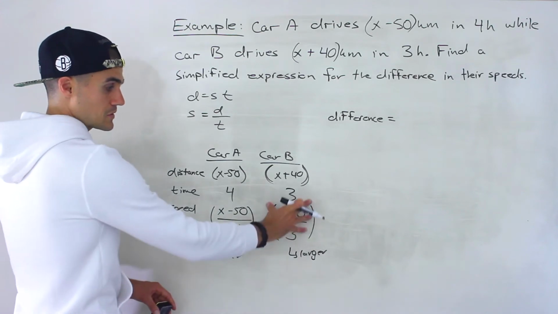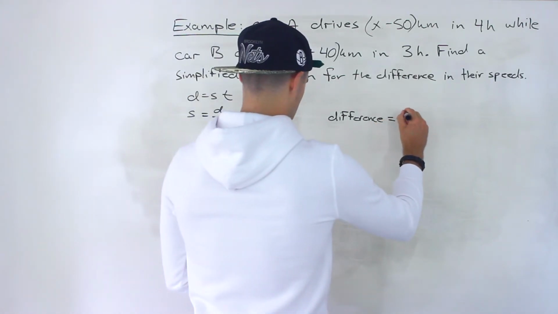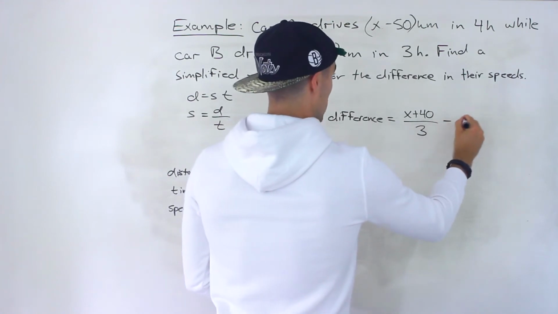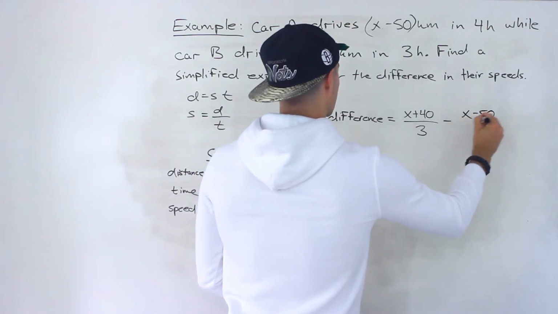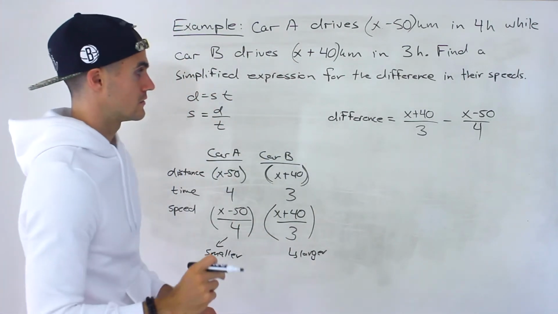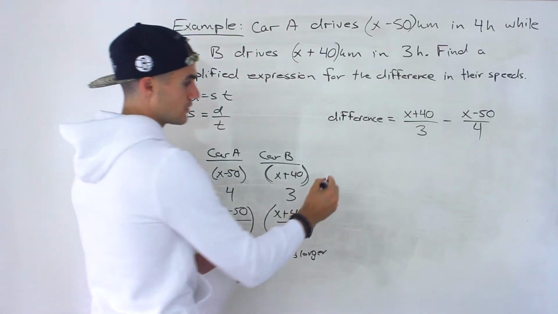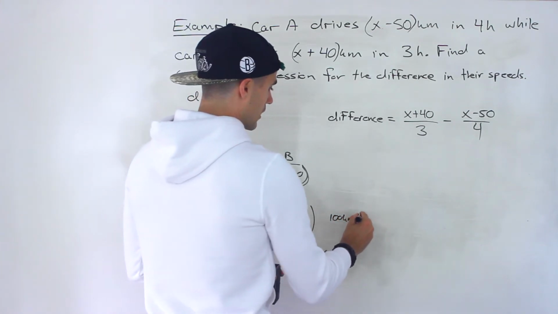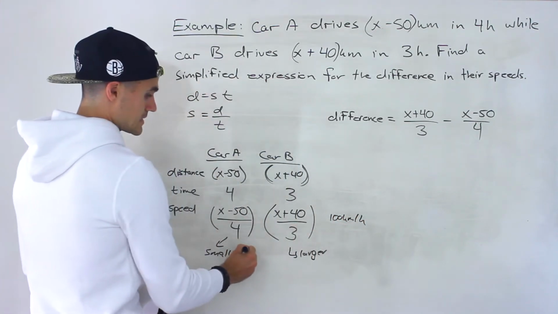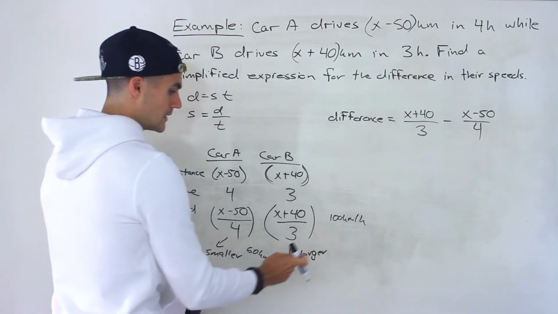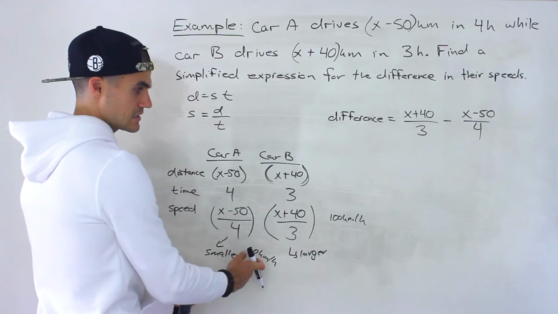So what we would do is take this and subtract that right there. So we've got to simplify that expression, right? Because for example, if this car is going at 100 kilometers per hour and this car is going at 60 kilometers per hour, you'd want to do 100 minus 60 to get 40.